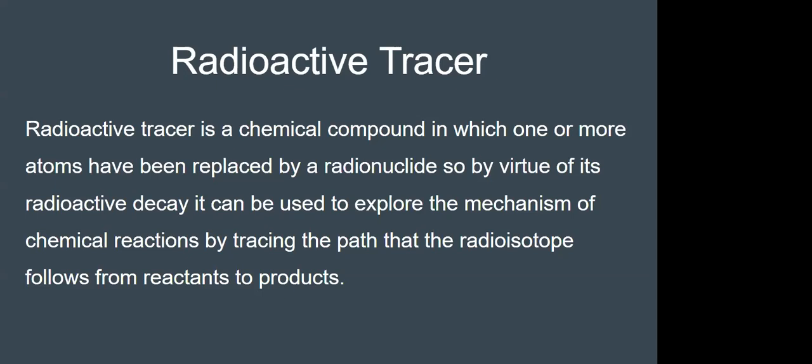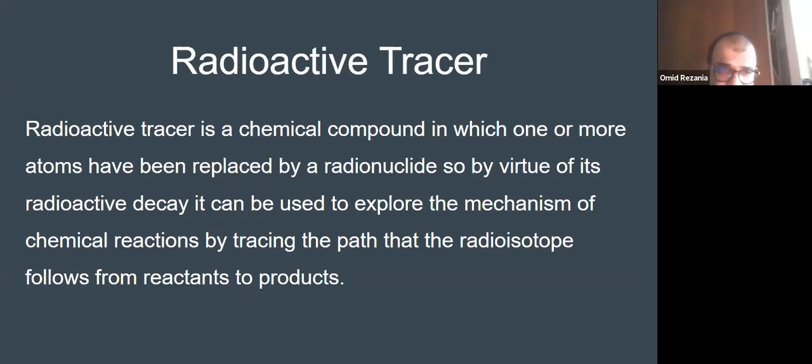By virtue of its radioactive decay, it can be used to explore the mechanism of chemical reactions by tracing the path that the radioisotope follows from reactants to products. And by the way, radioactive tracers can form the basis of a variety of imaging systems, such as the PET scans. That's right.